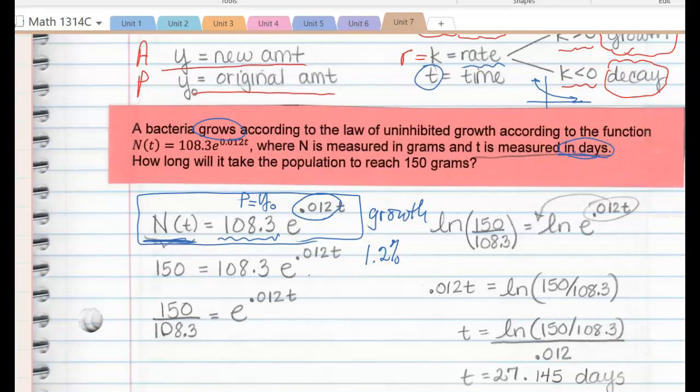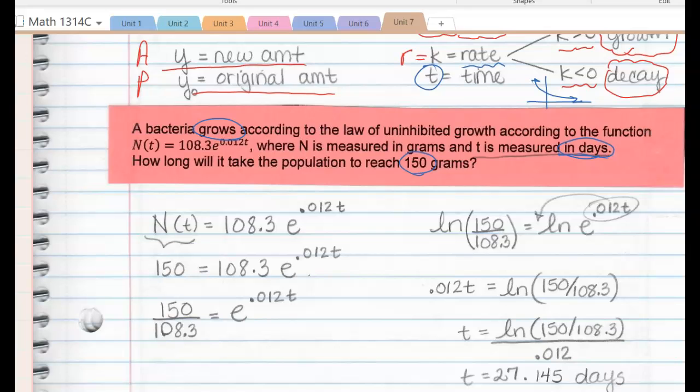And that's because our rate is probably increasing at 1.2% per day. And so that's the reason why t will also be in days. All right, so our job is to find out how long it takes to get to 150 grams. So that's what we want at the end. This is how much we started with. This is the rate that we're going to use, and t is going to be the time that we're looking for.